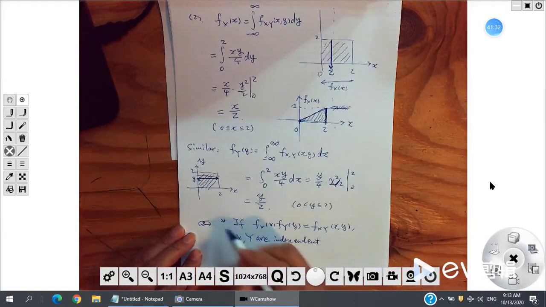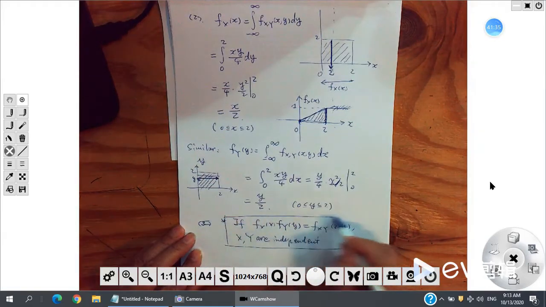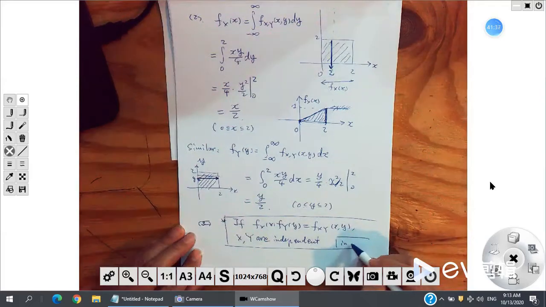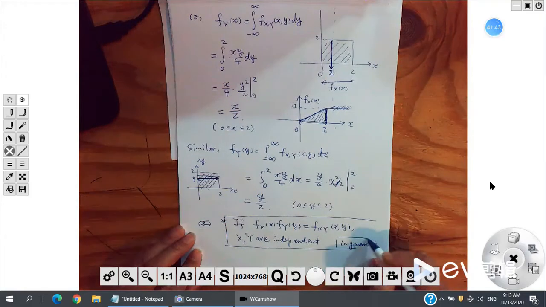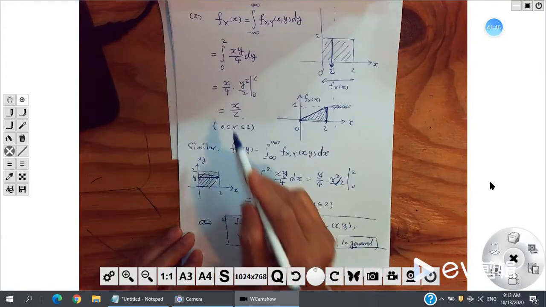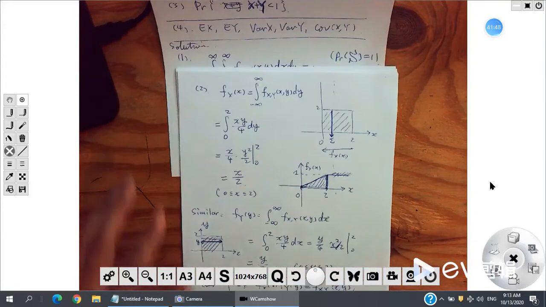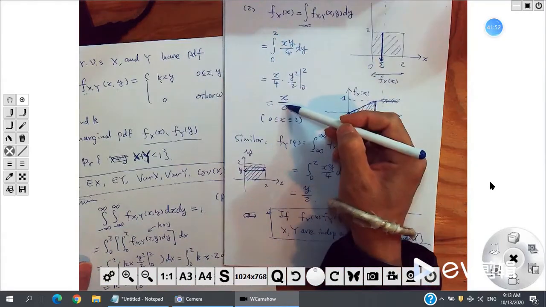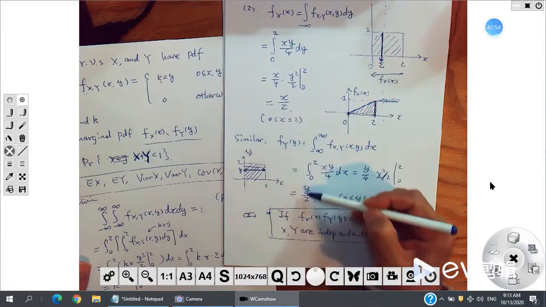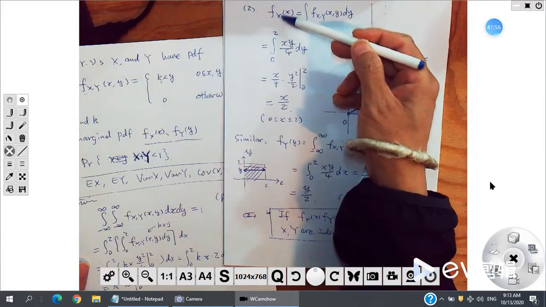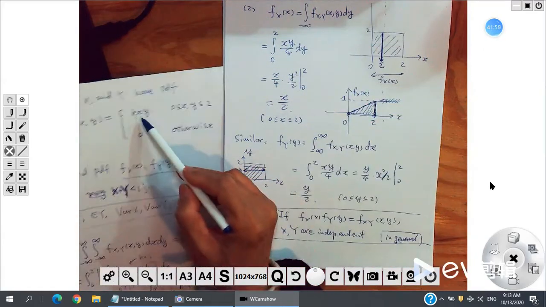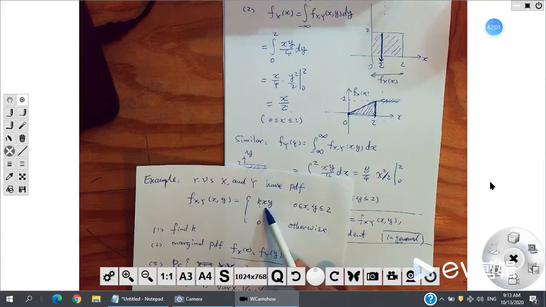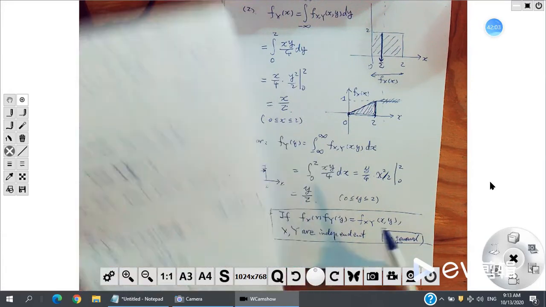This is in general for the continuous case, continuous random variables. And for this example, are they the same? f of x is half x, f of y is half y. You multiply these two together, you have xy over 4.